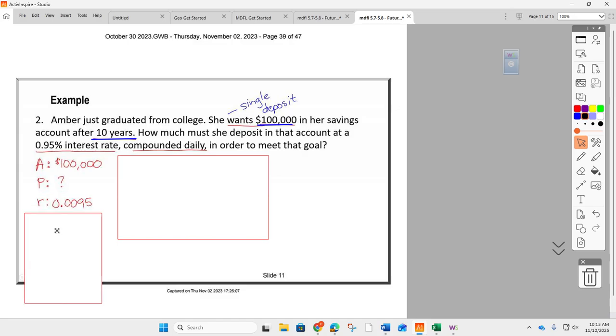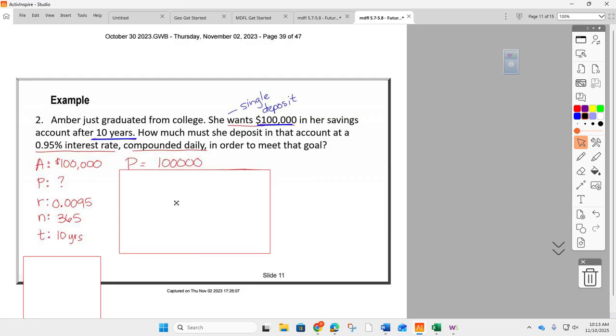It's compounded daily. So what's our n going to be? How many days are there in a year? Yep, we're assuming a regular year, not a leap year. And the time, 10 years. So we're plugging it into that same formula. That's the numerator.